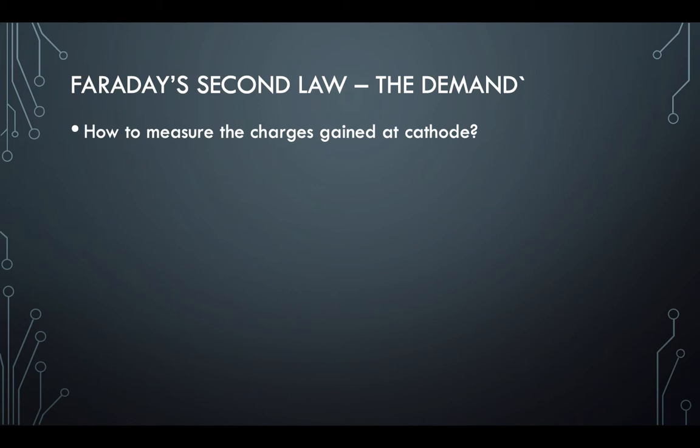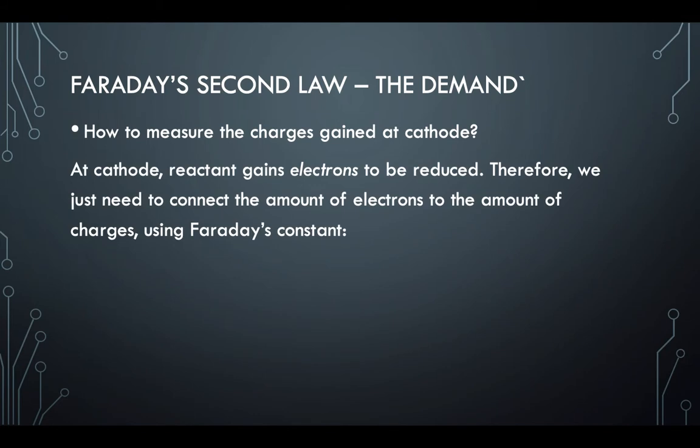Charges gained at the cathode must have something to do with the reduction reaction there. The strongest oxidant gains electrons and is reduced there. Therefore, we just need to connect the amount of electrons being gained to the amount of charges.